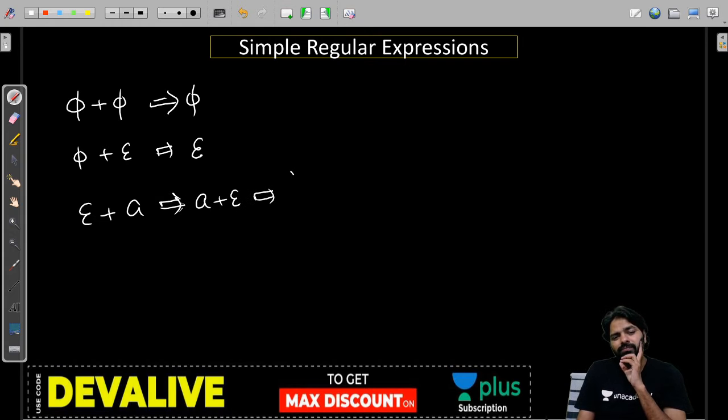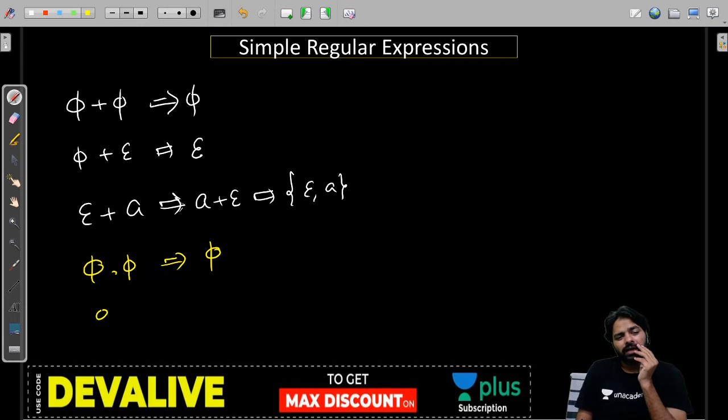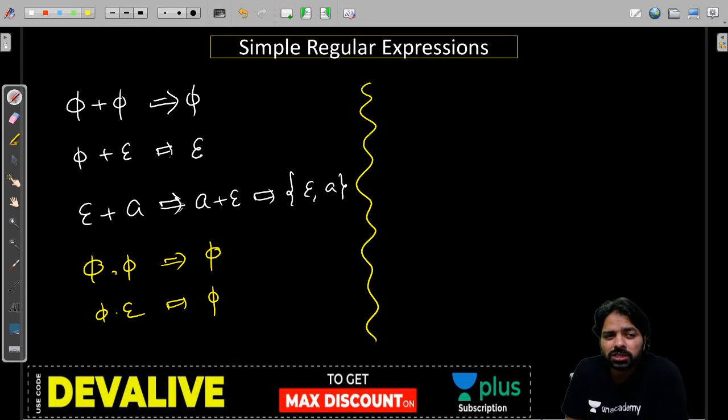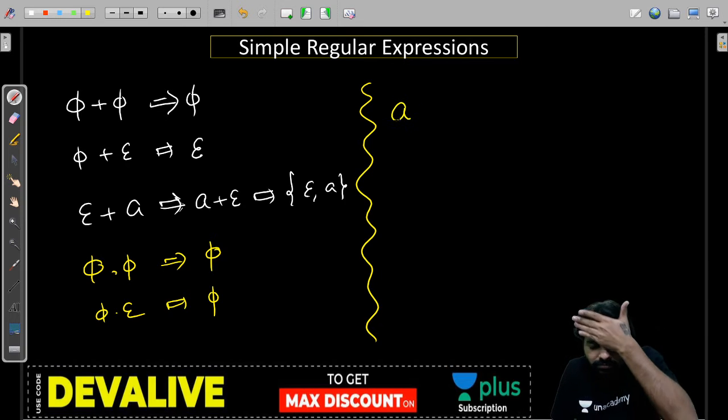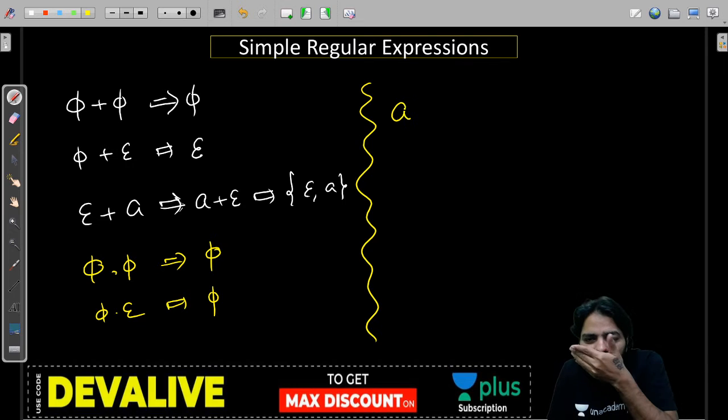No one can reduce this. And if you get pi dot pi, this will be pi. And pi dot epsilon, this will also be pi. So this is about very simple expressions, but we have very good expressions to form, guys. Just like a dot a star.